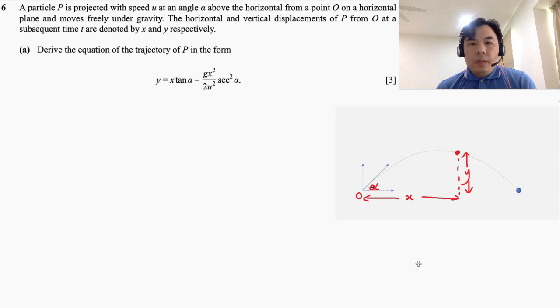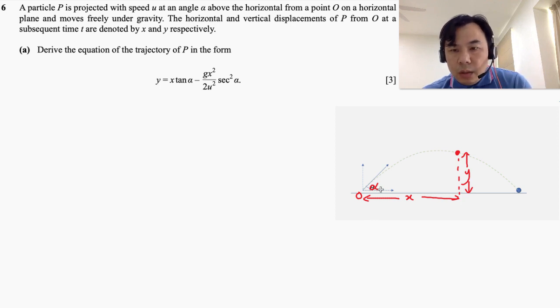Now, for any projectile motion question, the most important thing is to resolve the initial velocity into horizontal and vertical components. Because it's projected at u, this component will be ux, and this part will be uy.